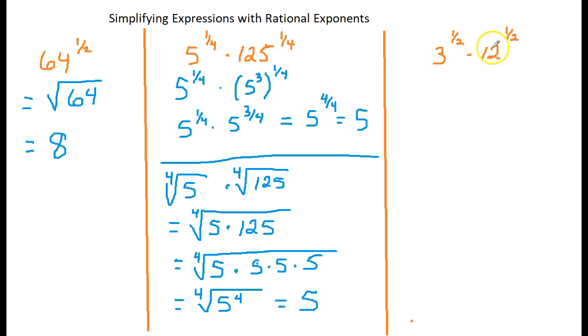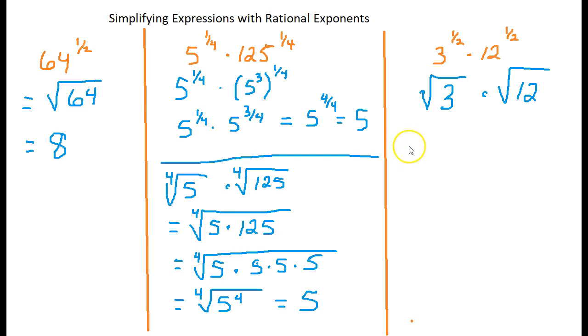Now, on this problem, however, since I cannot express 12 as 3 to a power, I need to use the radicals. Okay, so 1/2 power means square root. So I have the square root of 3 times the square root of 12.